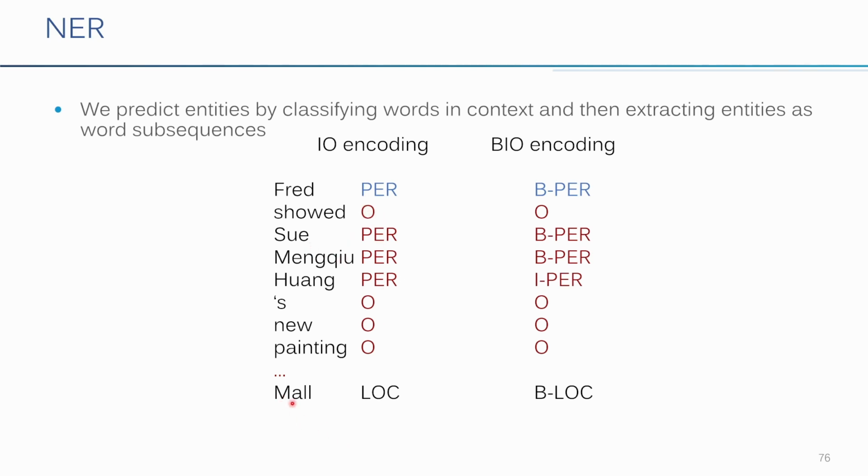Then person, LOC here is location, and so on. In the BIO encoding, you see that this B represents every time a new entity occurs. So every time there's a new entity, it will start as B, and the inside of that specific entity will continue with I. And every time you have a new B, it means that you have a new entity going on, right?